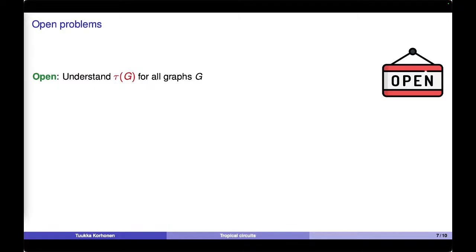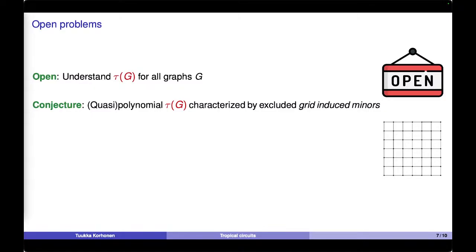And then some open problems about this work, like tropical circuits and maximum weight independent sets. What's still open is to really understand this tau of G for all graphs G, and we have a conjecture that this could be, at least up to quasi-polynomials, characterized by excluded grid induced minors. This is a grid graph, and an induced minor is like a minor, but you cannot do edge divisions.